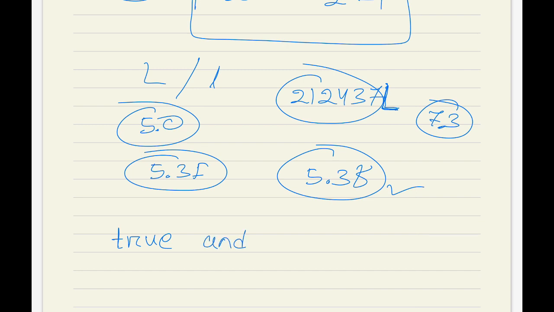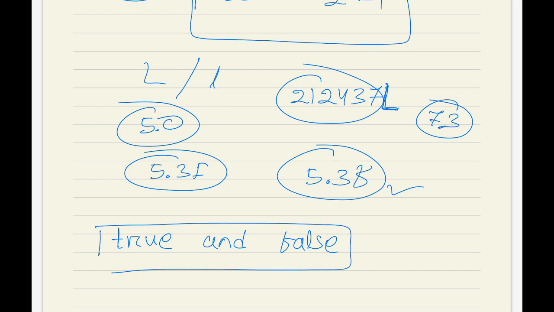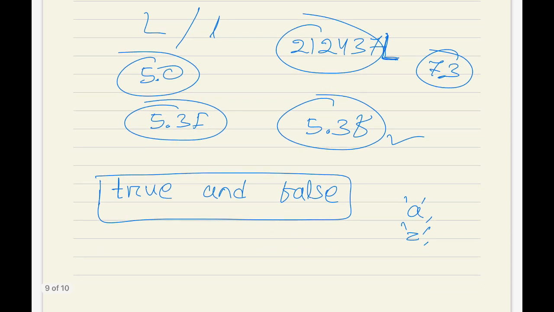A character literal is represented inside a pair of single quotes, like A, Z, or @. So inside single quotes the character literal is represented.